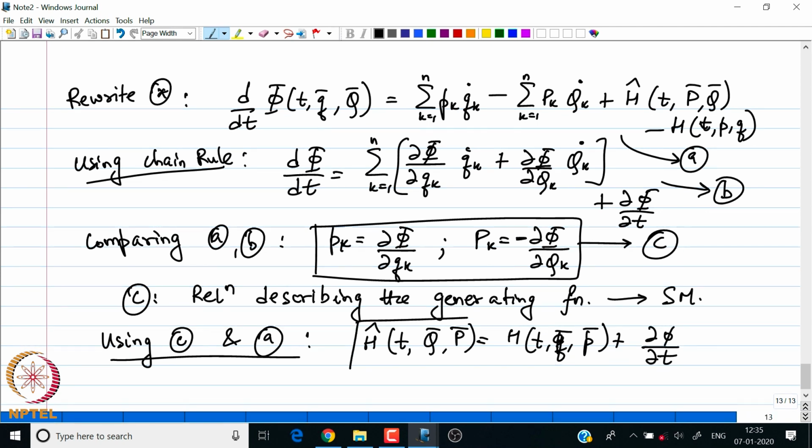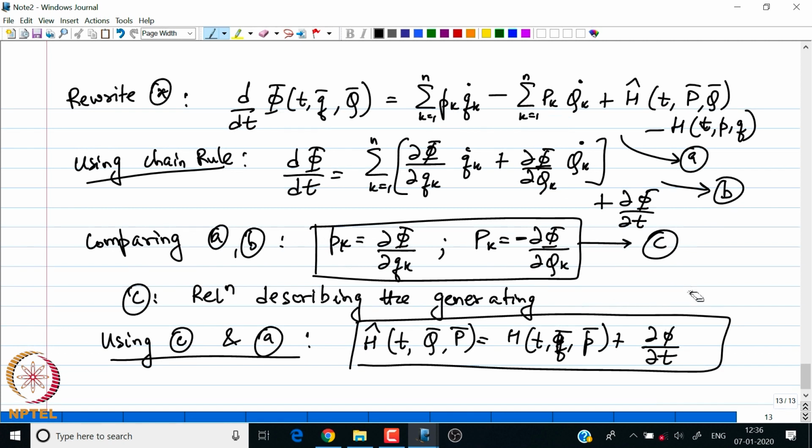So this is the relation. Let me just take back a few words. The first set of relations, C, is the relation describing the symplectic map, and this relation describes the generating function phi.